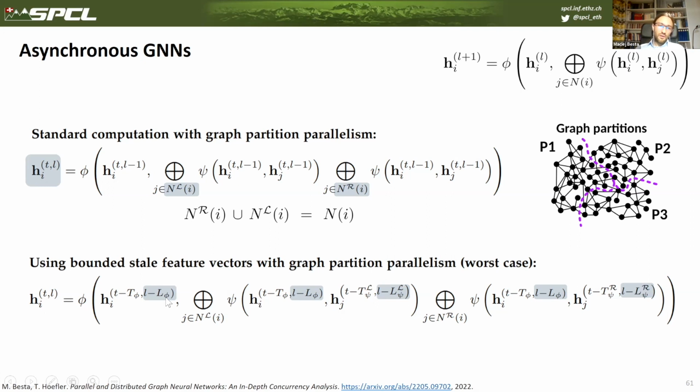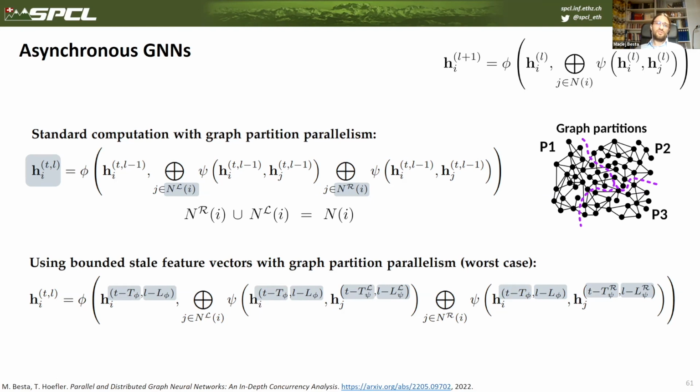So if this L phi is now, for example, equal to 2 or to 3, we would be using the feature vectors from 2 or even 3 iterations before, right? Which really would make the execution stale. And the same for the training iteration, right? So we could now apply this concept both for the GNN layers and for the training iterations. Right? That's really the way to formally describe asynchronous GNN models at the model description level.